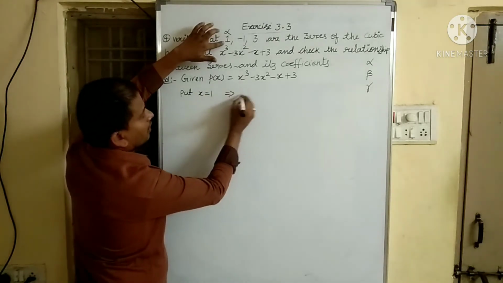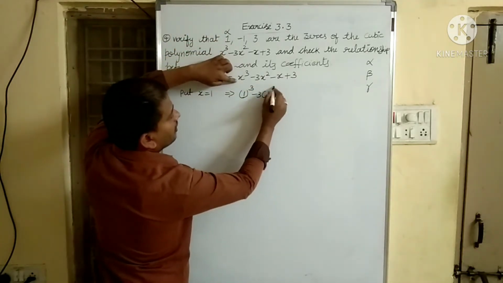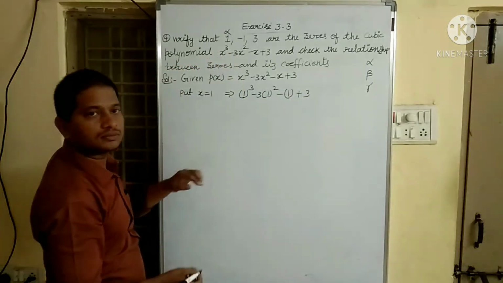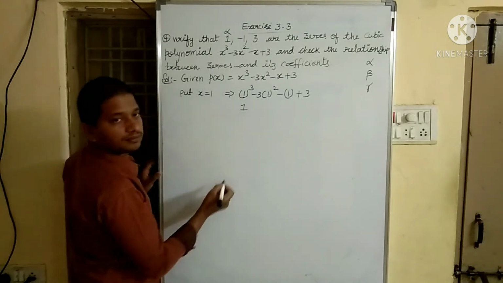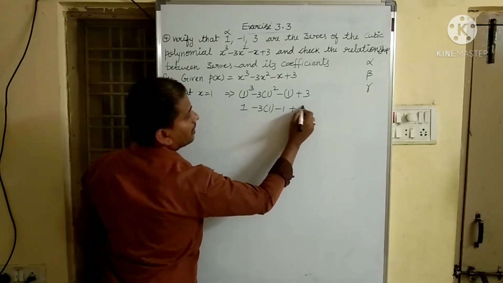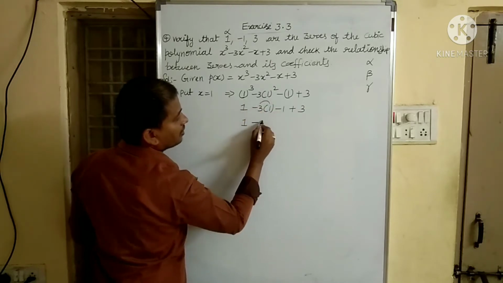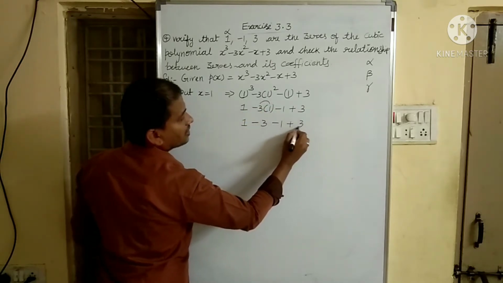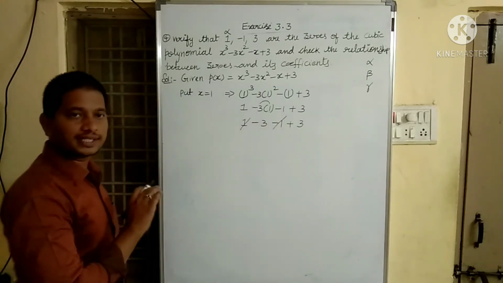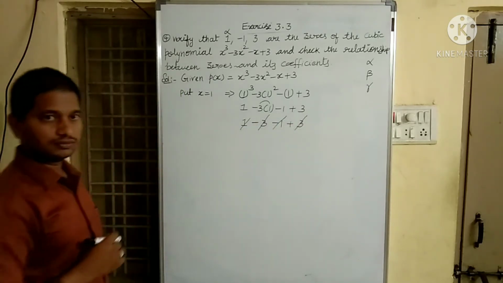I mean 1 cube minus 3 into 1 square minus 1 plus 3. 1 cube in the sense 1 only. Minus 3 into 1 square in the sense 3 into 1. Minus 1 plus 3. So 1 minus 3 plus 3 minus 1. So 1 minus 1 gets cancelled, minus 3 plus 3 gets cancelled.